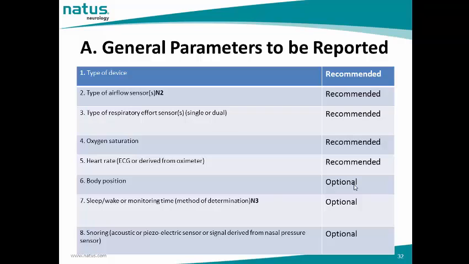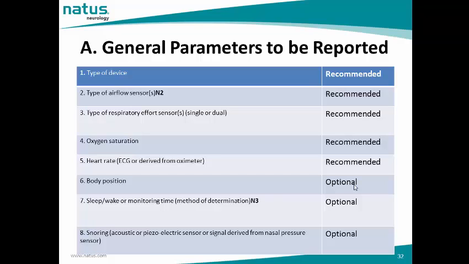So it is recommended to document the type of the device, the type of airflow sensors, and here tidal volume sensors, for example, the RIPsum and the RIPflow, can also be used.